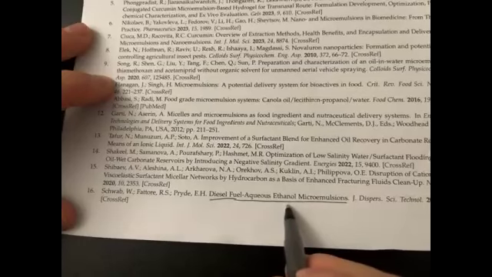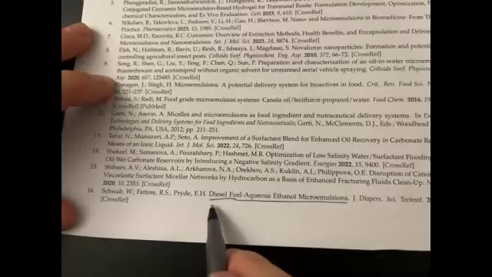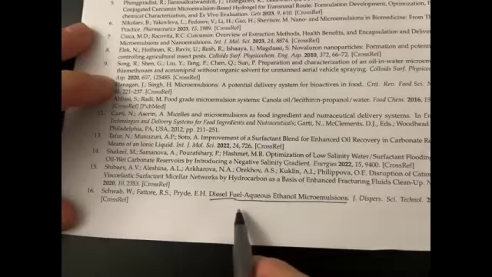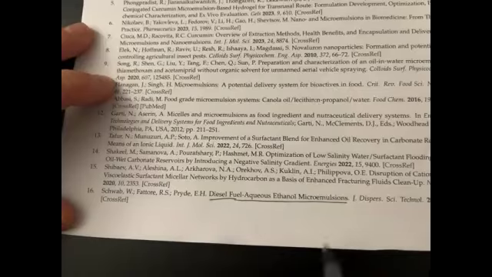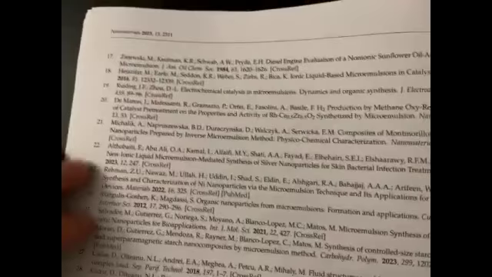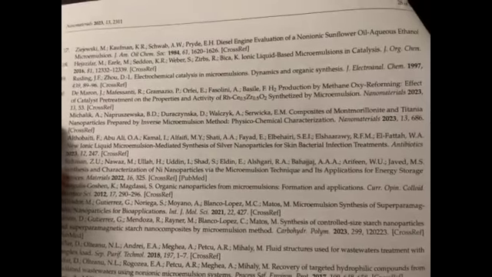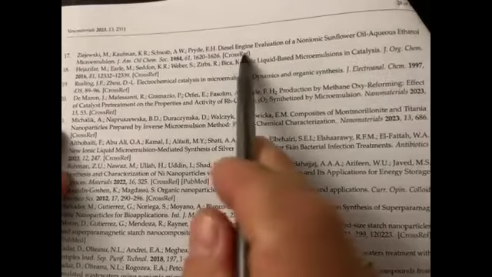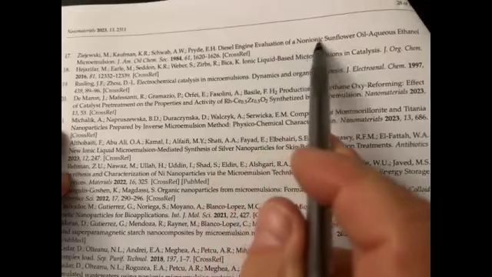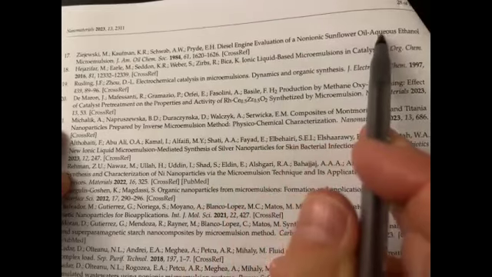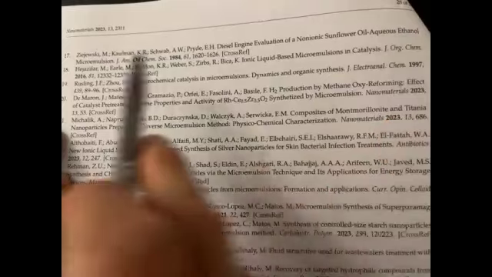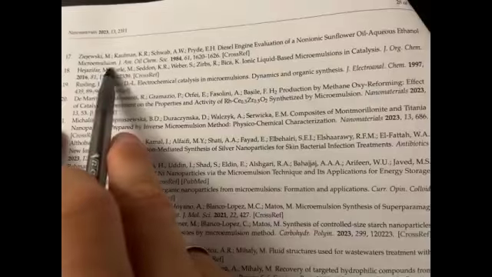Ethanol means that it's got ethanol in it, of course. And I wonder if something in the diesel, no, I don't know. Well, we know they're microemulsions. And then let's check 17, because while we're reading this, we can get these other articles. Diesel engine evaluation of a non-ionic sunflower oil aqueous ethanol microemulsion.